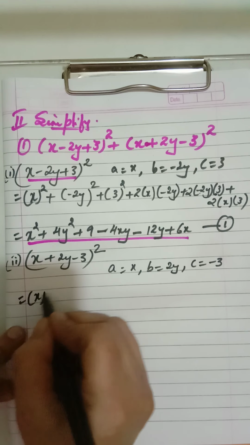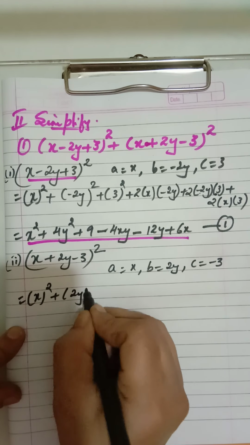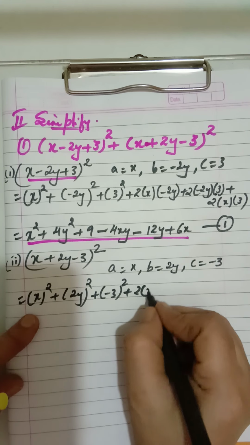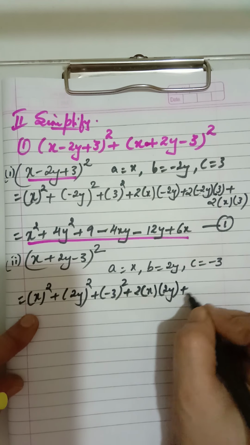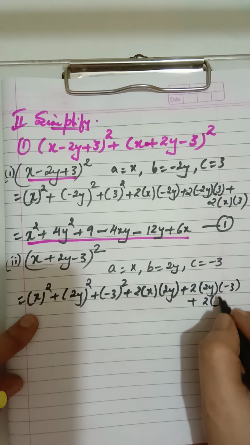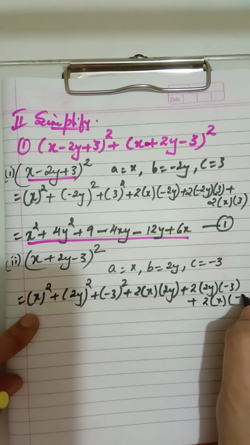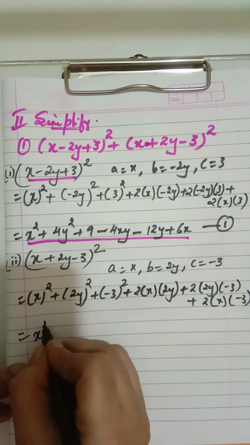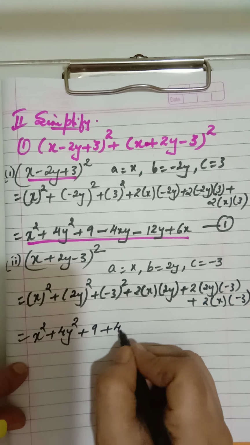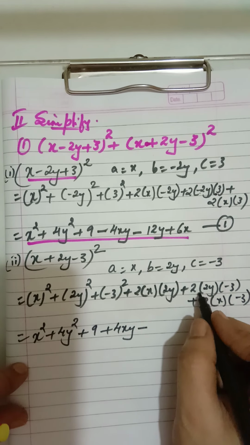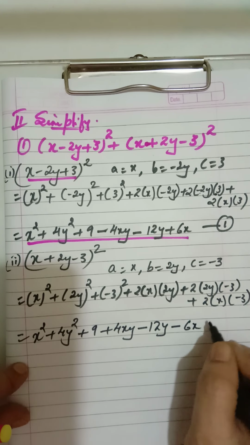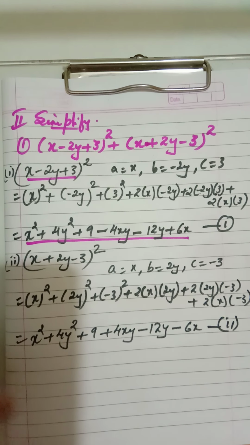So this is equal to x² plus (2y)² plus (−3)² plus 2ab, x into 2y, plus 2bc, 2y into −3, plus 2ca, x into −3. So this is equal to x² plus 4y² plus 9 plus 2 2s are 4, 4xy, minus 2 2s are 4, 4 3s are 12, 12y, minus 2 3s are 6, 6x. So this is the second expansion.